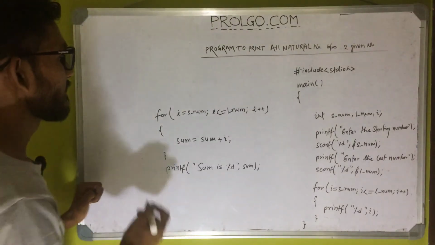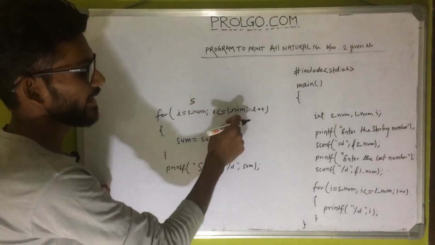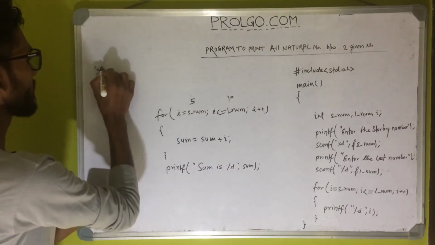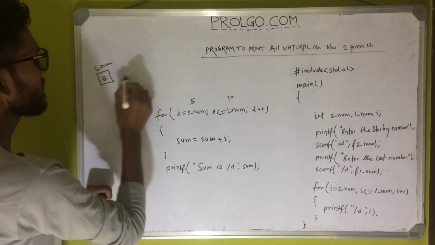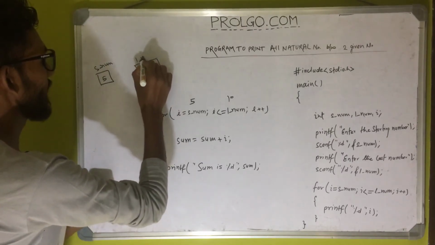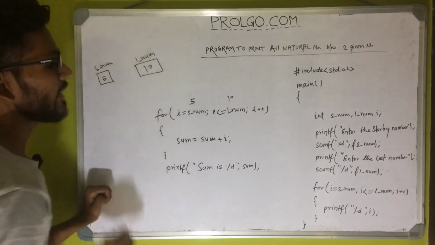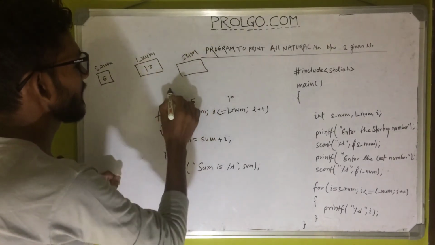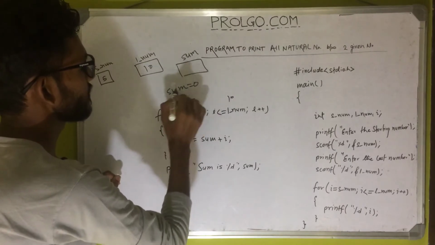Let's say the user has given snum as 5 and lnum as 10. So we have one variable here which is snum, 5 is here, then another one is lnum and the value is 10, and one more variable which is sum, and we will initially assign sum 0.